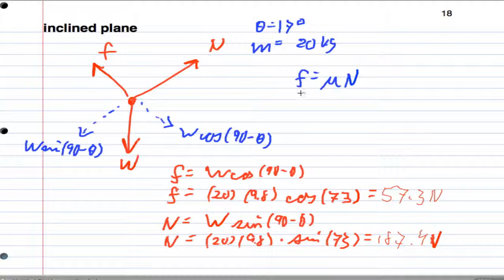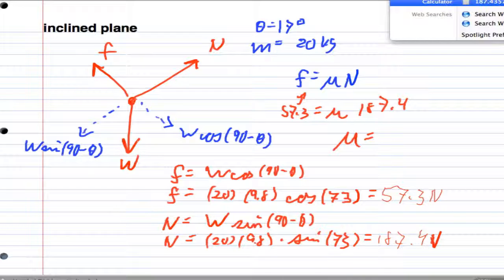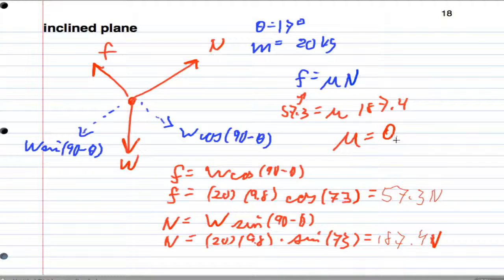Now, I can use friction equals mu N, so 57.3 equals mu times 187.4. And when I solve for mu, I get 0.31. Again, dimensionless.